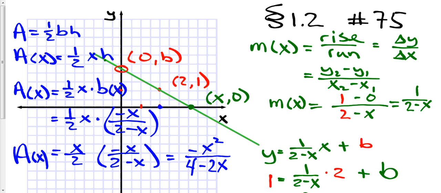And if this point and that point are on the line, then I've got that. Is that ever going to intersect with the y-axis? No, right? No matter how far up it goes. So am I ever going to have a triangle bounded by this line and the x and y axes?